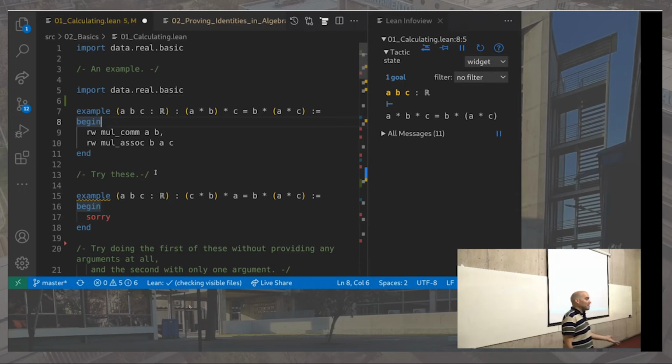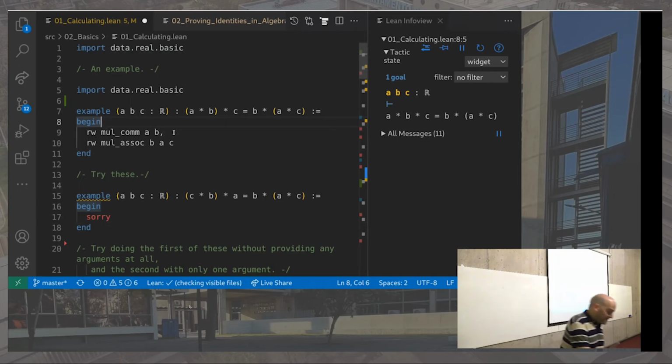Also for natural numbers it is true, and you don't want to write one theorem for natural numbers, one theorem for real numbers, one for rationals, and so on. So we have the general one, and then we have theorems saying we can apply this theorem to real numbers and stuff like that. So essentially, mul_comm A B is the statement that A times B is equal to B times A.